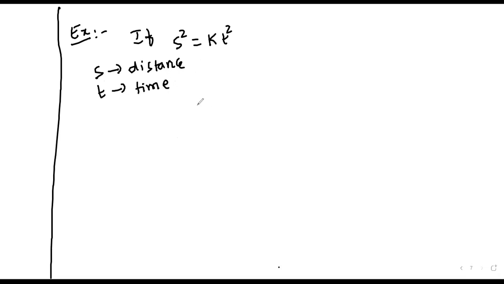Yes, because we can say s equal to root k into t. Root k is a constant, so s is proportional to t. So it exhibits uniform motion.